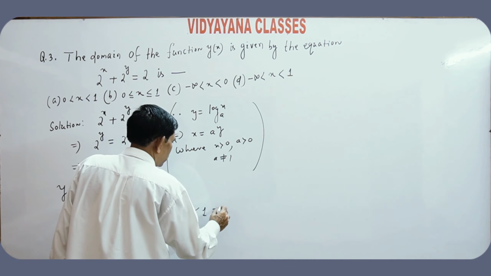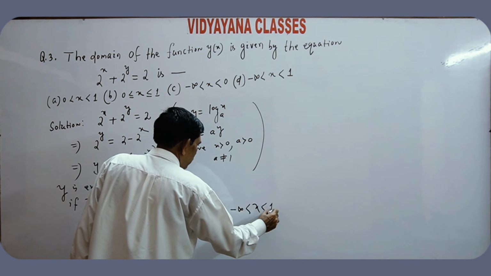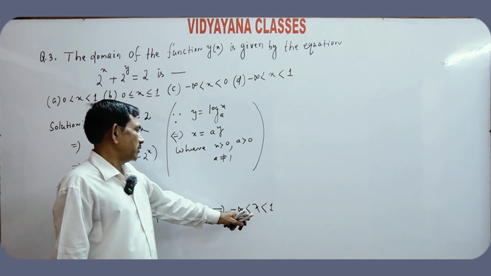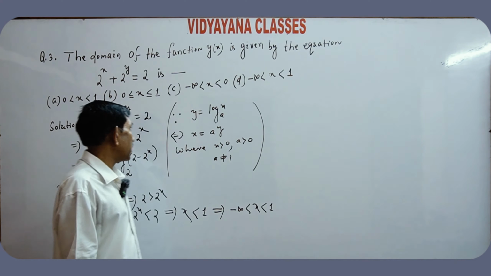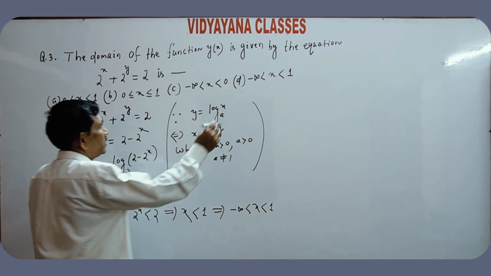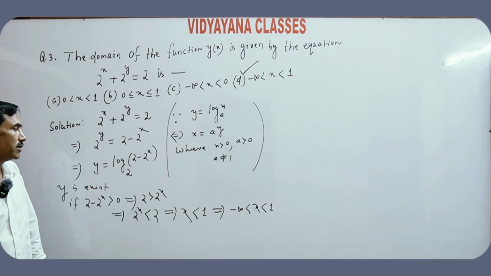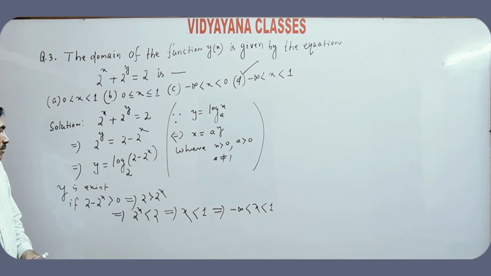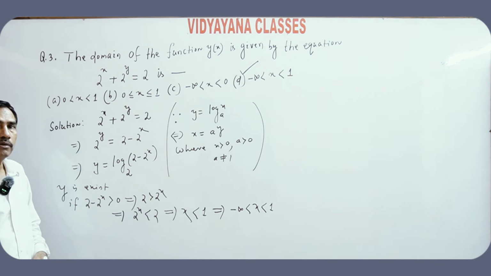That means x belongs to (−infinity, 1). So the domain of the function is x from minus infinity to 1. The correct option is x from minus infinity to 1. Domain means collection of x values. Clear? Okay, note down.